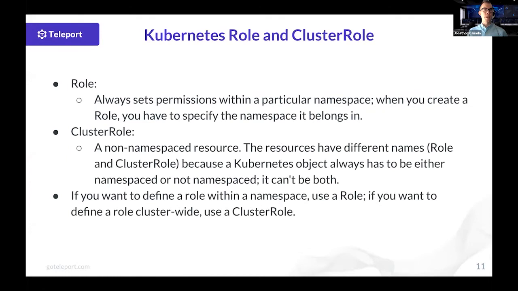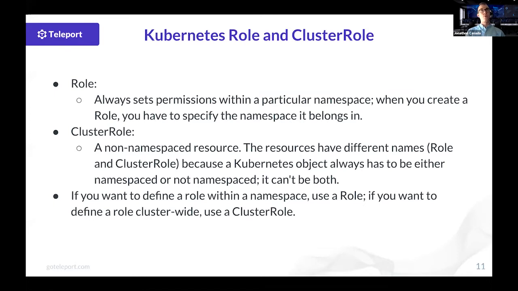Now, this slide discusses the differences between roles and cluster roles in Kubernetes. So again, a couple more definitions, and then we'll get into the fun stuff of the demo. But a Kubernetes RBAC role or cluster role contain rules that represent a set of permissions. And those permissions are purely additive, so there aren't any deny rules within those. And a role in Kubernetes always sets permissions within a particular namespace.